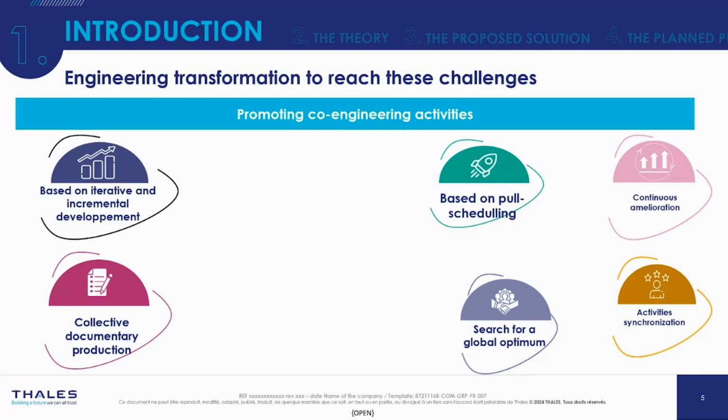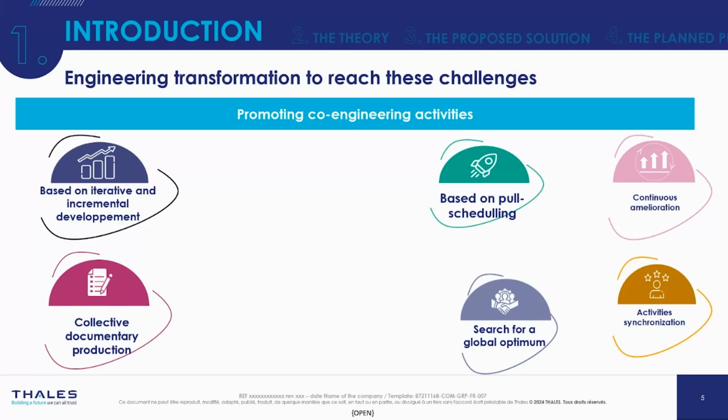So the first driver is iterative and incremental development, which is the main driver to reach an engineering based on pull scheduling. Another important aspect is the collective production of documentation, since it will allow us to avoid siloed effects and to have more cooperative work between disciplines.